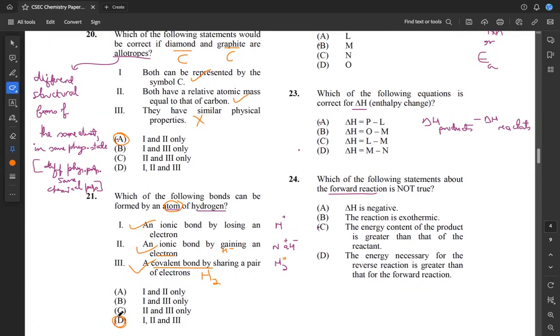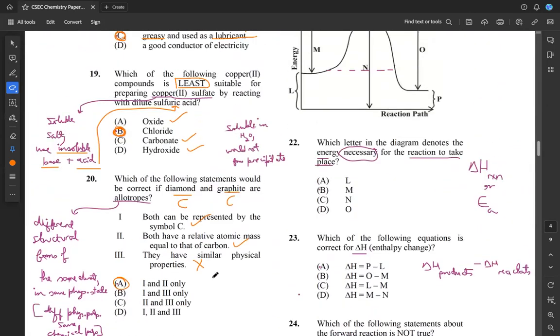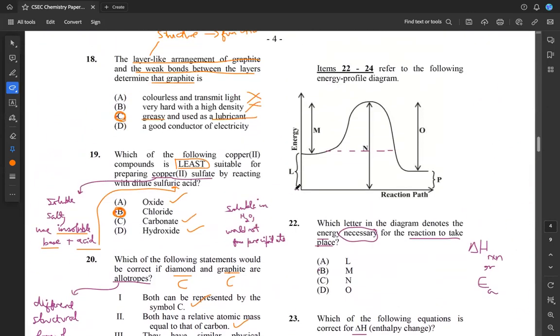Okay? All right, so moving along to 22. This says, items 22 to 24 refer to the following energy profile diagram, right? So in our energy profile diagram, we're seeing the energy of the reactants, the energy of our products, and the reaction pathway that shows us going from reactants to products, okay?